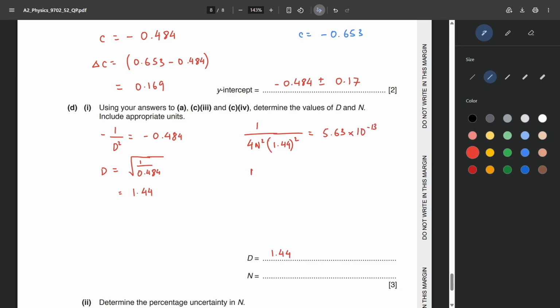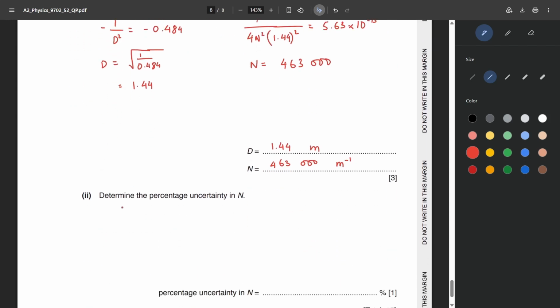So the value of n would be 463,000. Okay, so d would be in meters and n would be the number of lines per meter, so meter to the power minus 1.